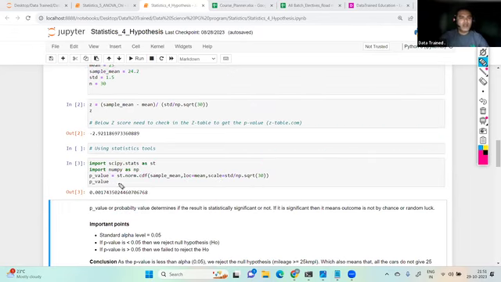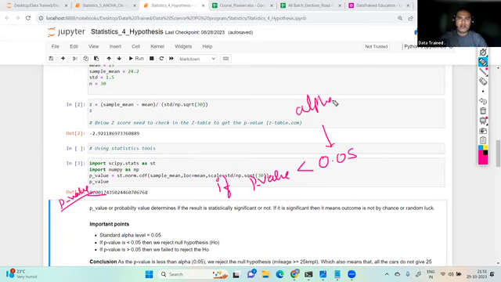So now we have this number, which is called a p-value. The guideline says that if the p-value, whatever value we get, is less than 0.05, this 0.05 we call the alpha level.